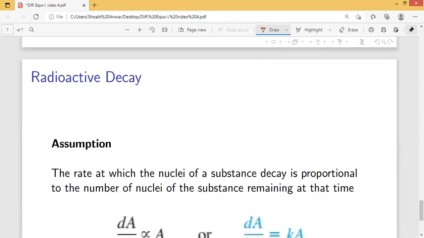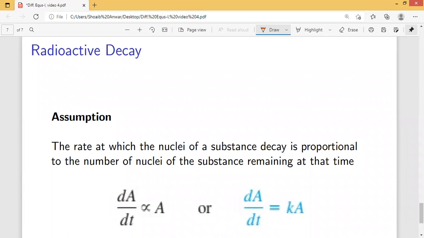In radioactive decay, the assumption is the same: the rate at which the nuclei of a substance, represented by A of t, decay, meaning the rate at which the nuclei start decreasing, is directly proportional to the number of nuclei present at that time.